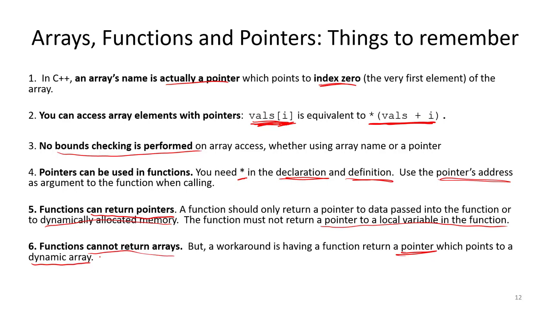We'll talk more about dynamic arrays at the end of this video. Okay, so now that we've reviewed these things to remember, let's go ahead and go through some examples of each of these points.